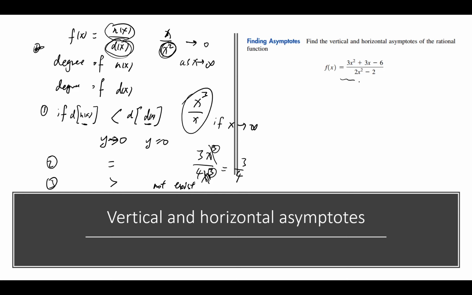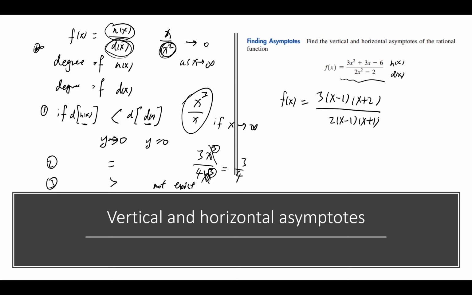Now let's look at a concrete example of this expression here. This is our n(x), and this is our d(x). We can do some simplification by performing the factoring we did earlier. So f(x) could be expressed this way: 3(x minus 1)(x plus 2) on top, and the bottom part will be (x minus 1)(x plus 1).